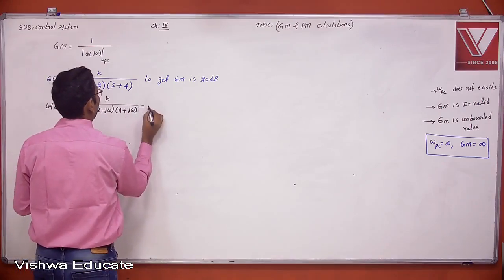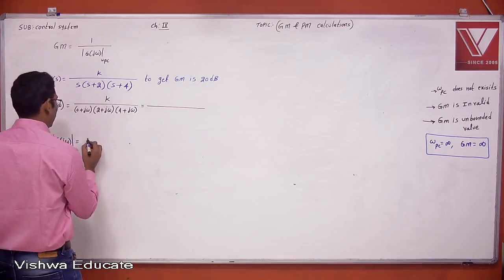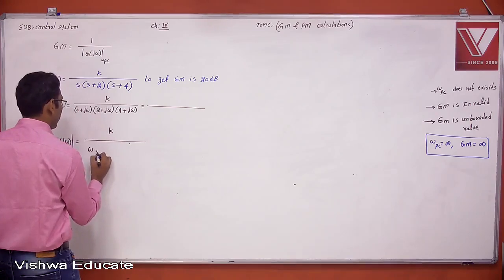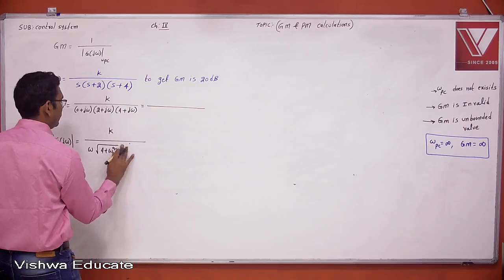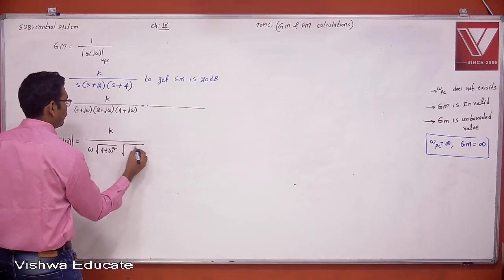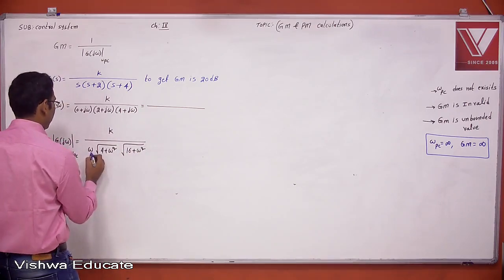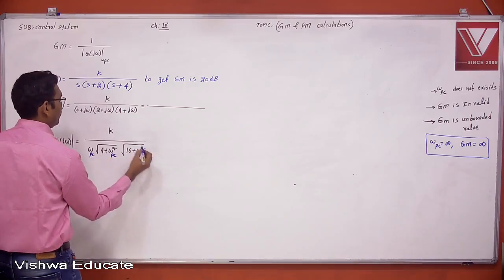Now the magnitude is K divided by square root of a square plus b square, for each term. But I want this magnitude at the phase crossover frequency.